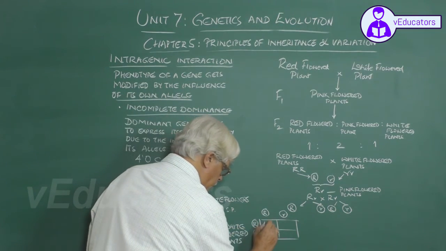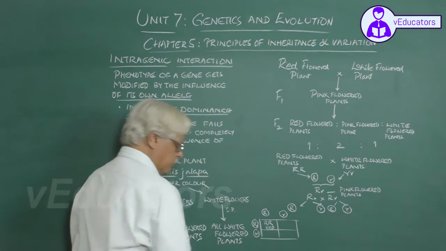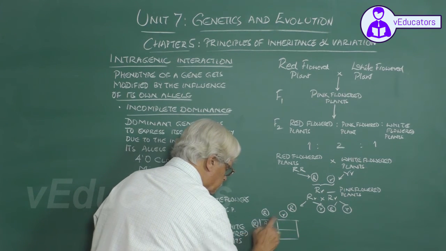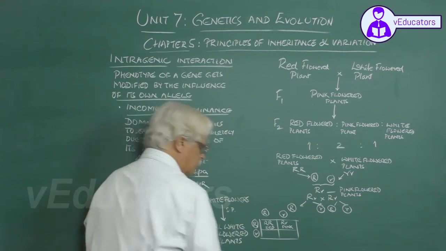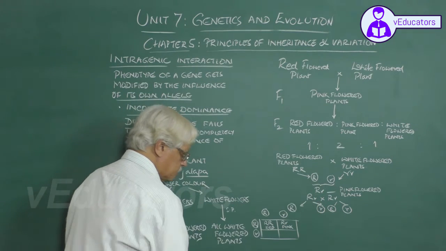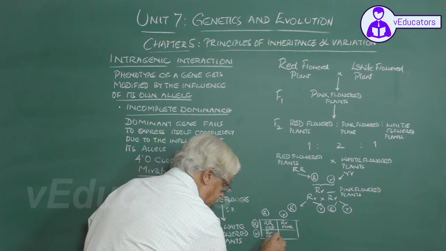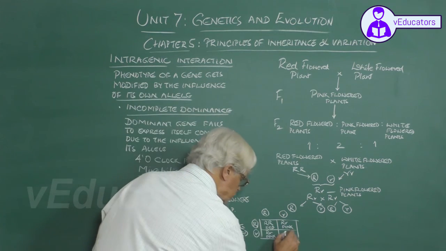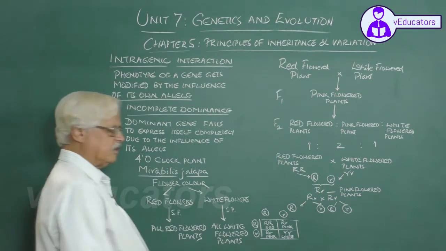This into this, capital R capital R, red flowered plant. This into this, capital R, small r, pink flowered plant. Capital R, small r, this into this, pink flowered plant. This into this, small r small r, white flowered plant.